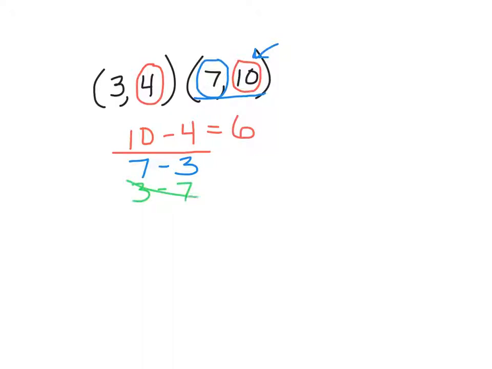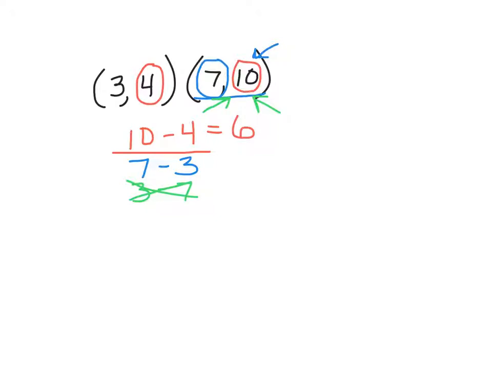That would not work because I'm not choosing the same x term from the same y term that I chose. So it's really important that you choose both the x and the y, the first ones that you choose, from the same coordinate pair.